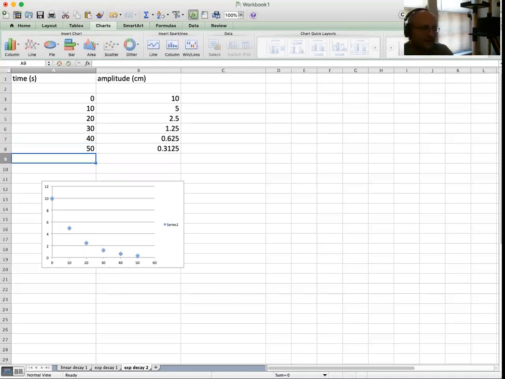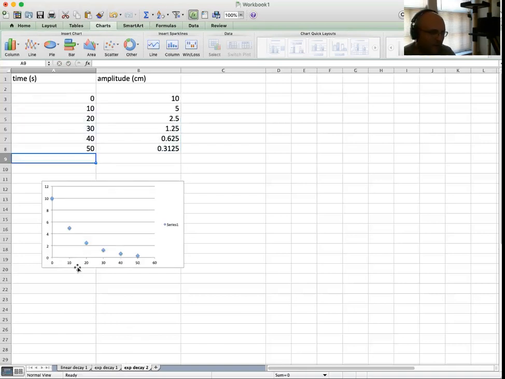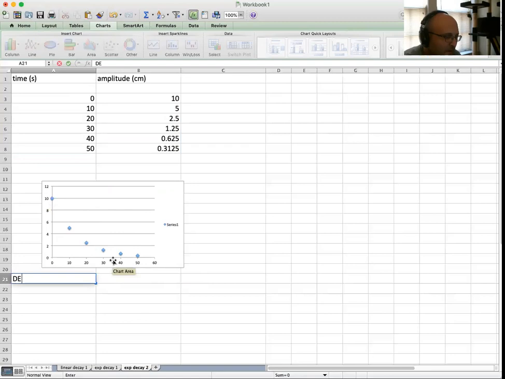I get the exact same shape as before, except the decay happens more quickly. So in this case, we only need 10 seconds for the graph to drop by half. I'd say the decay half time equals 10 seconds, and that's it.